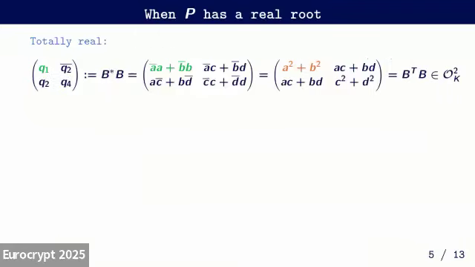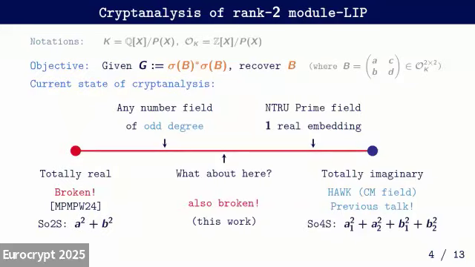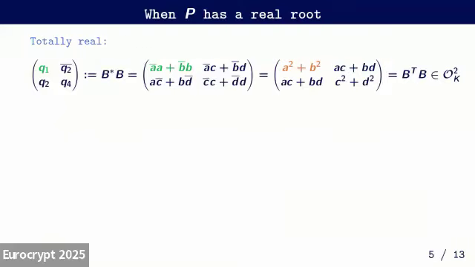Okay, so let's quickly get back to the case where our number field is totally real. So what's the main thing that the authors used for this? It's that if we look at this B star B, then this conjugation doesn't do anything. So what we actually get is just B transpose B. And just looking at the elements of this matrix, let me define B, we'll just write it like this, with a, b, c, and d.